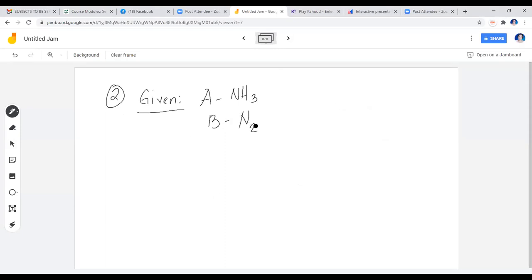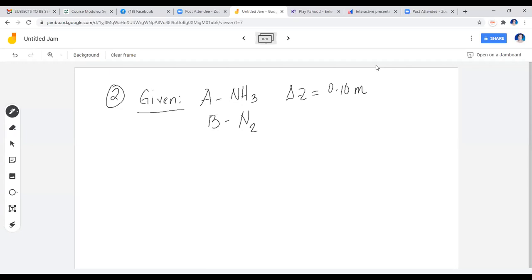From the first statement, we get that A is ammonia and B is nitrogen, and that the tube that connects the two separate chambers containing these two gases is 0.1 meter long. So let's say this is our delta Z, 0.10 meters long, the tube containing the two.